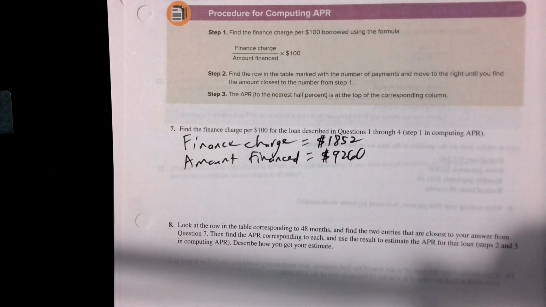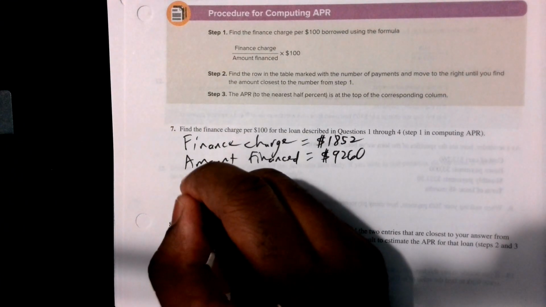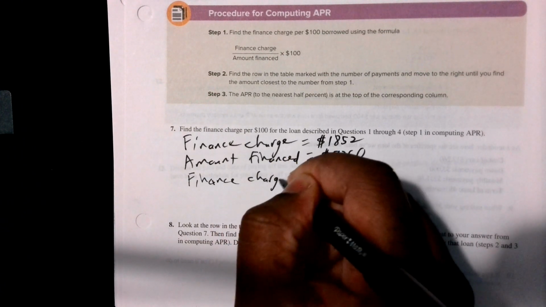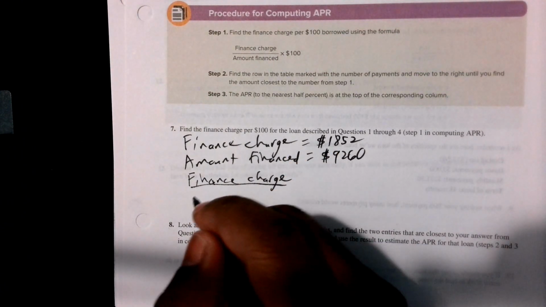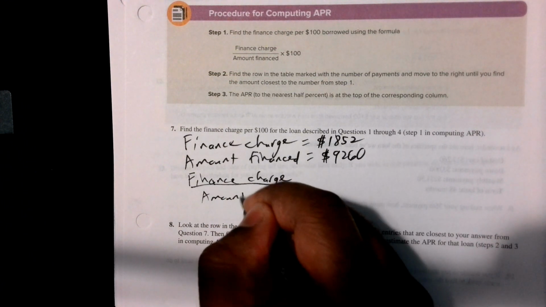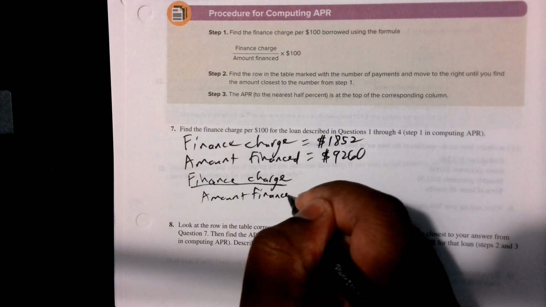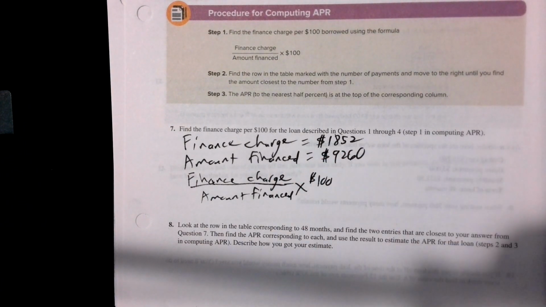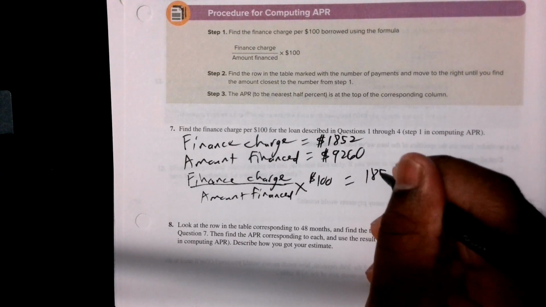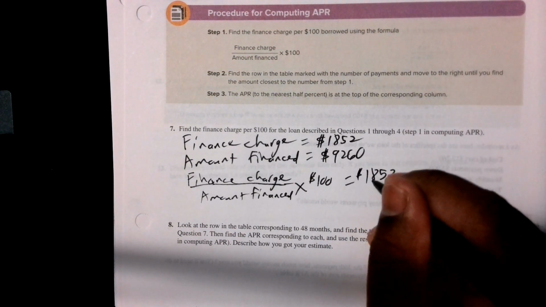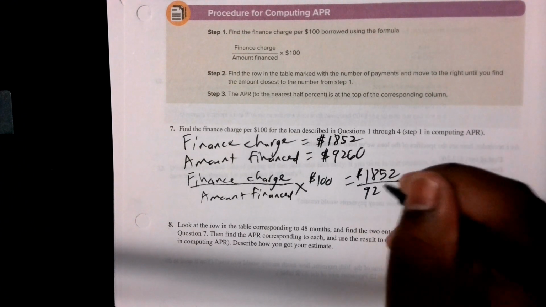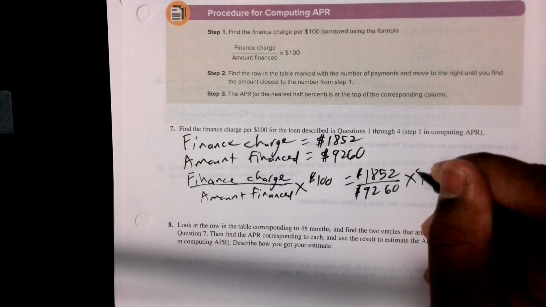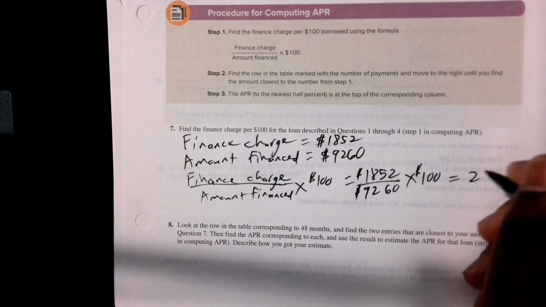Okay, so now we will have the finance charge divided by the amount financed times $100. So that will equal $1,852 divided by $9,260 times $100. And that will give us $20.